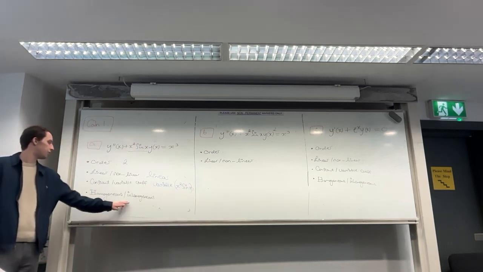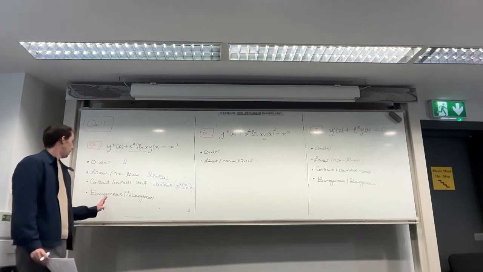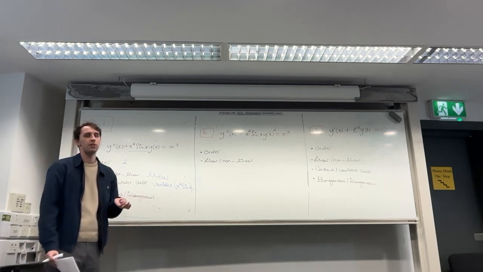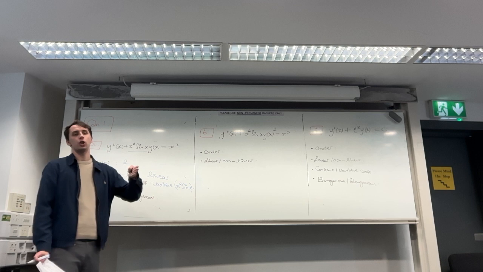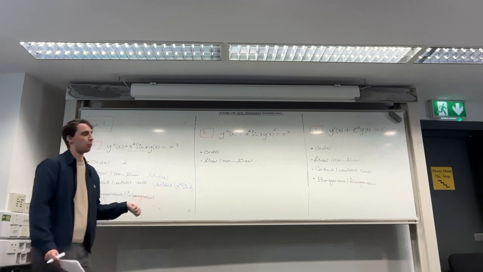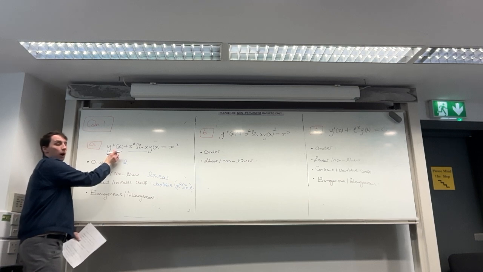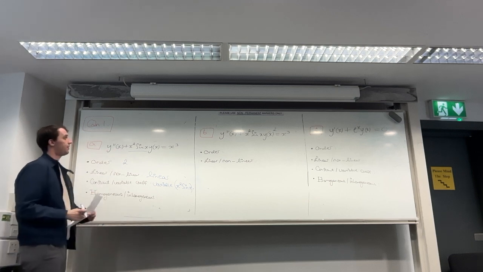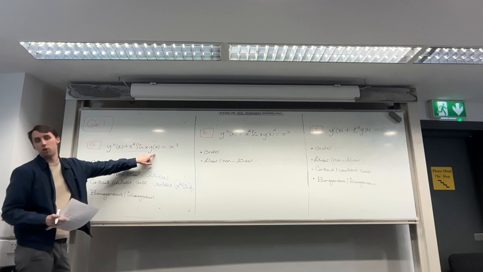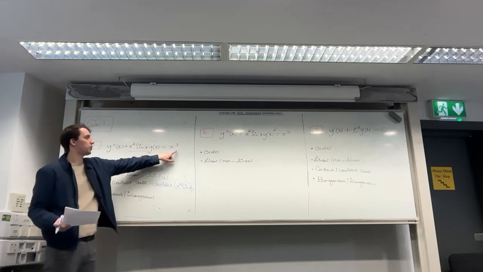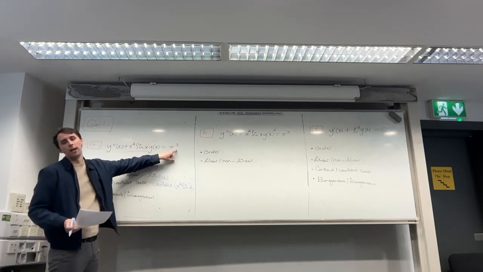Next, is it homogeneous or inhomogeneous? So an ODE is homogeneous if each of its terms is proportional to y. So the first term, that's proportional to y. It has a y double prime. Second term, it's proportional to y. It has a y. Now this third term here, there's no y in this third term.